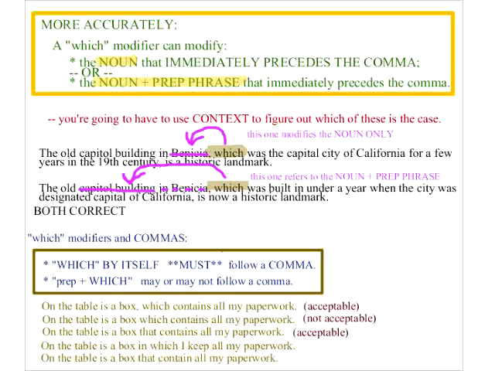On the table is a box, comma, in which I keep all my paperwork. These are both acceptable. The difference is a very writerly kind of thing. It's not tested on the GMAT, so I don't want to get into it because it would be a distraction. It's not anything that's ever actually tested that we've seen. But if you are interested in the difference, you can Google it. It's called essential versus non-essential modifiers.